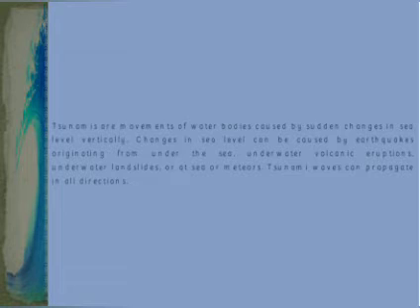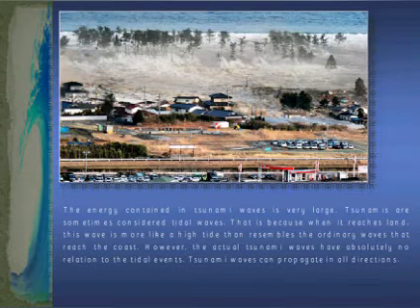Change in sea level can be caused by earthquakes originating from under the sea, underwater volcanic eruptions, underwater landslides, or meteors at sea. The energy contained in tsunami waves is very large.